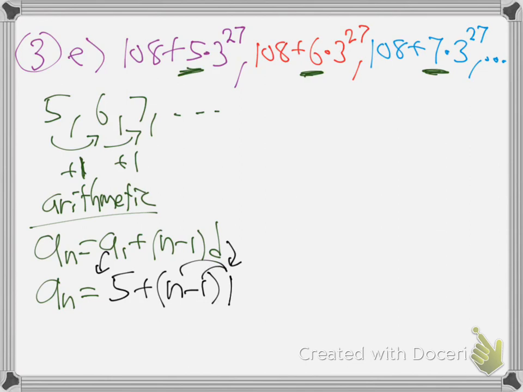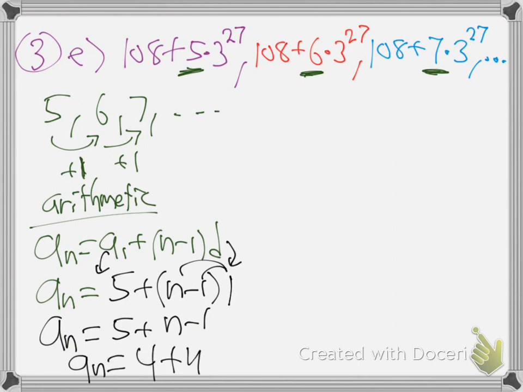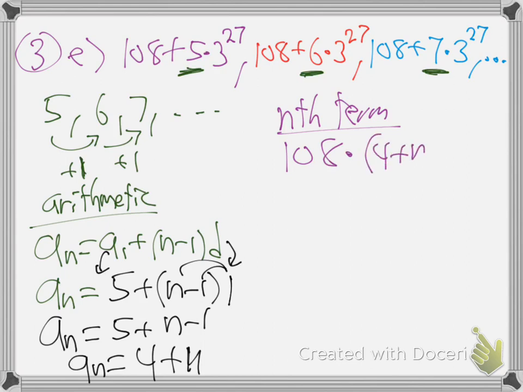So then distribute. 5 plus n minus 1. That's 4 plus n. There's the formula, 4 plus n. So then putting it all together, we've got the nth term is 108 times 4 plus n times 3 to the 27th. Whoops, getting kind of scribbly there.